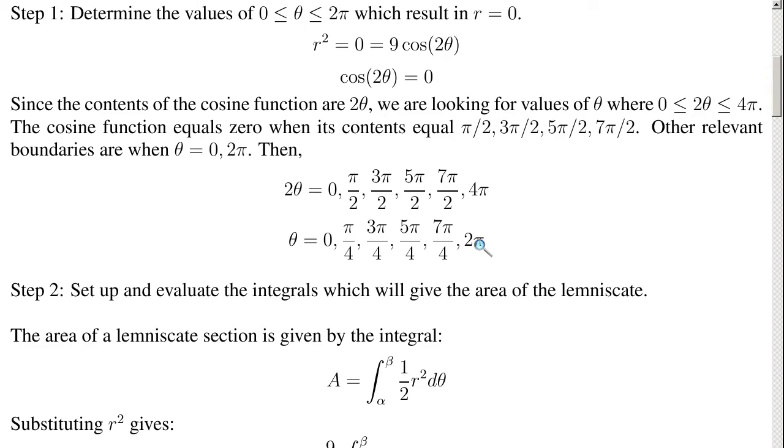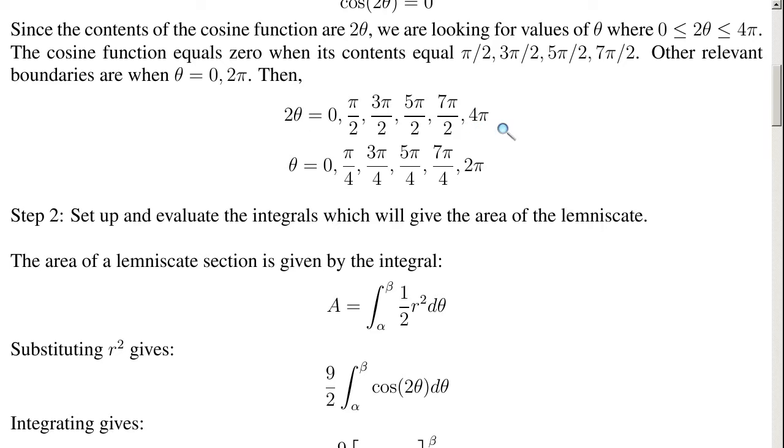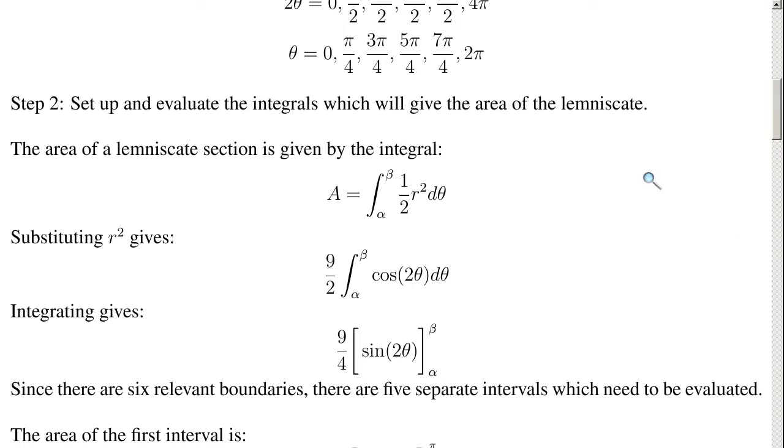This means that by dividing everything by 2, we have theta equals 0, pi over 4, 3 pi over 4, 5 pi over 4, 7 pi over 4, and 2 pi. So this time we have 1, 2, 3, 4, 5, 6 boundaries, which means we have 5 separate intervals that have to be evaluated. Okay, so we'll use this in a minute.